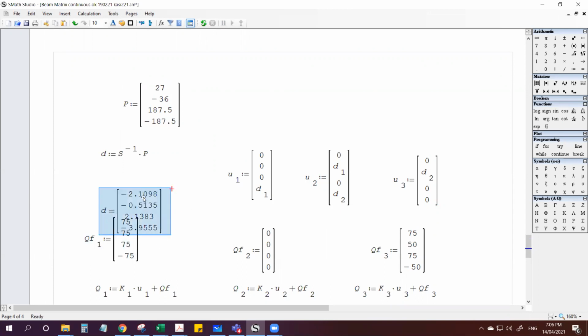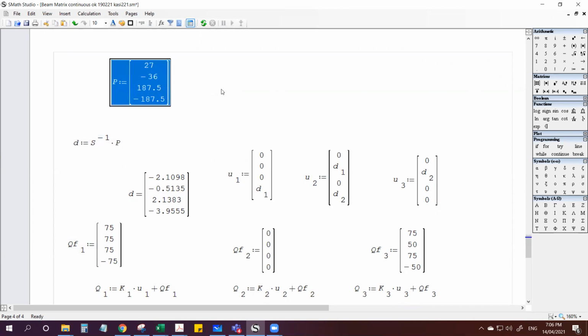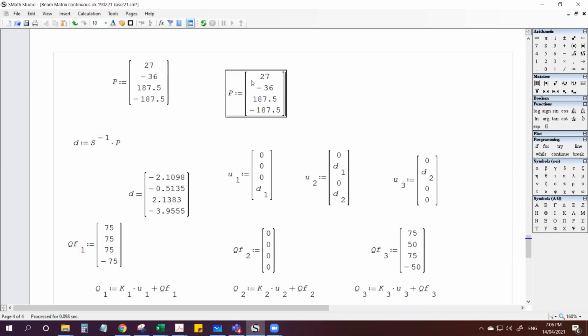Okay, but remember, this formula only uses P. So we should also have PF. I can just copy this, paste, and I'll assign a new name.